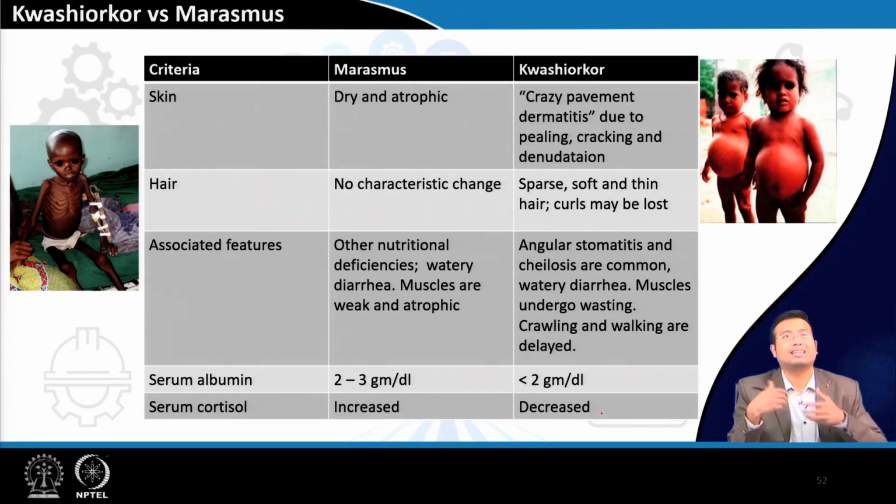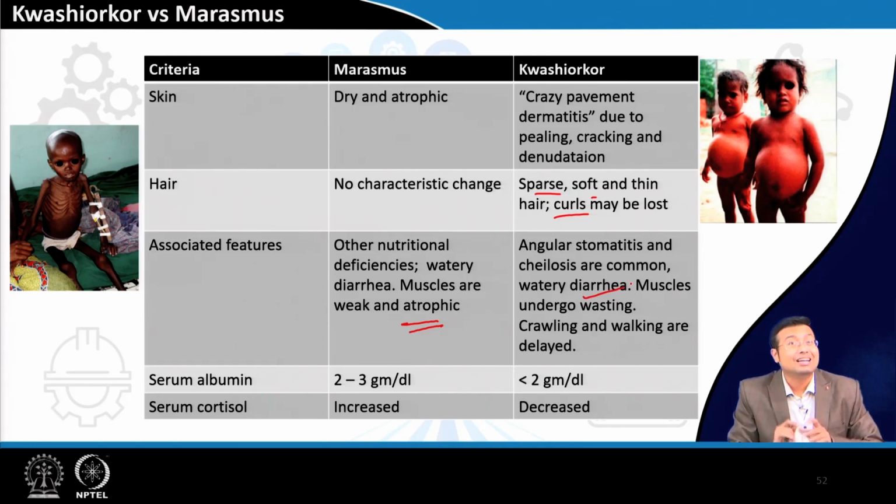Other clinical features: skin is dry in marasmus, and there is a mosaic pattern, known as pavement dermatitis, present in kwashiorkor. Hair is sparse, curly, and curls may be lost in kwashiorkor, right. In marasmus there is muscle wasting, whereas in kwashiorkor angular stomatitis and cheilosis are prominent.